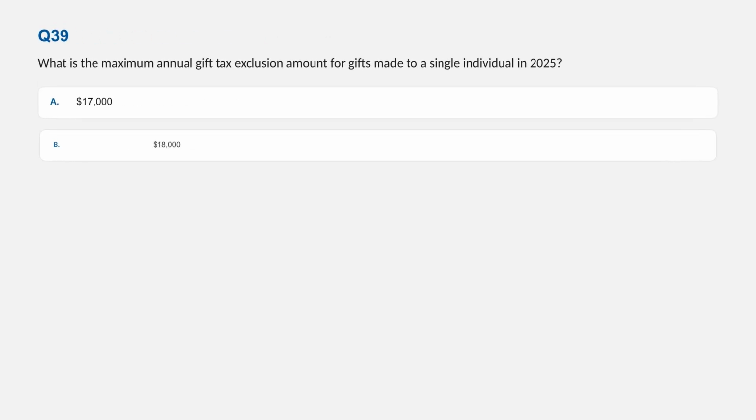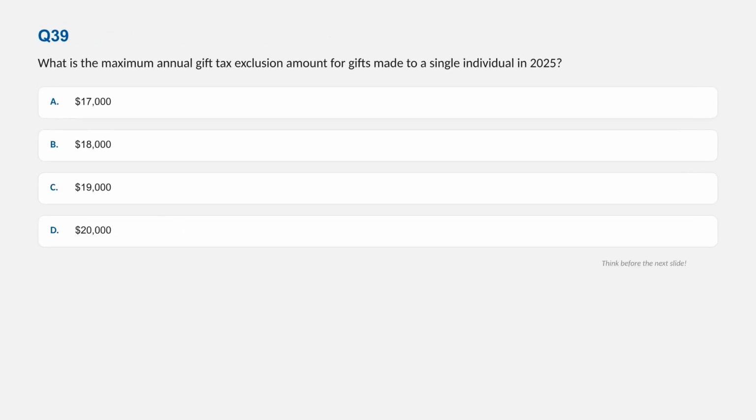Alright, let's move to question 39. What is the maximum annual gift tax exclusion amount for gifts made to a single individual in 2025? A. $17,000, B. $18,000, C. $19,000, D. $20,000.